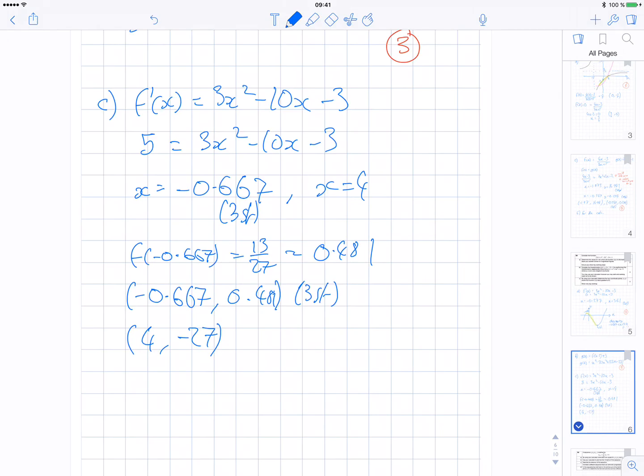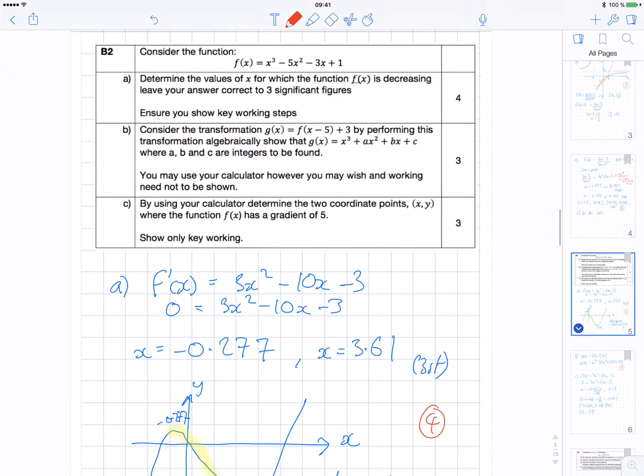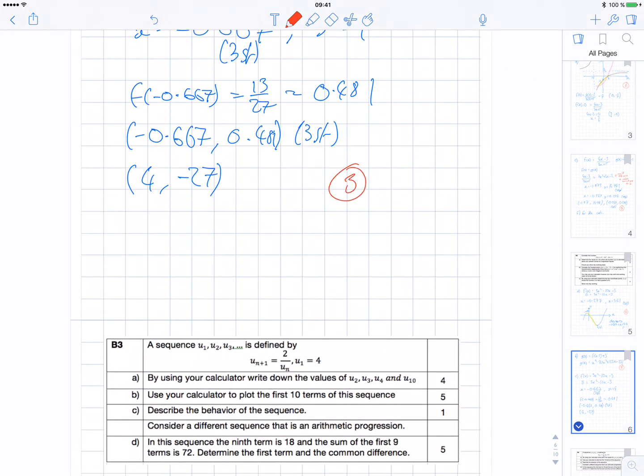How many marks is that worth? I think that was worth 3 marks. Okay, and that's that one done. I'm going to do it on the calculator now for you.